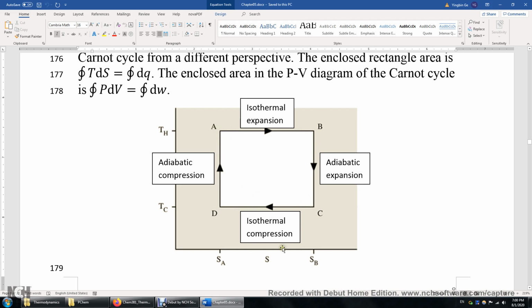Again, this is Q hot. This small rectangle is Q cold. The difference between the absolute value of Q hot over this one and the absolute value of Q cold is this rectangle, and this is the amount of heat that's converted to work.